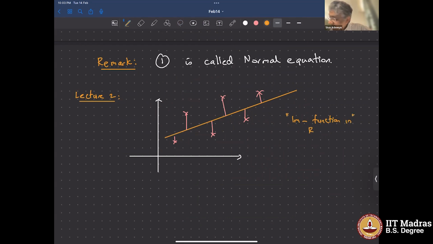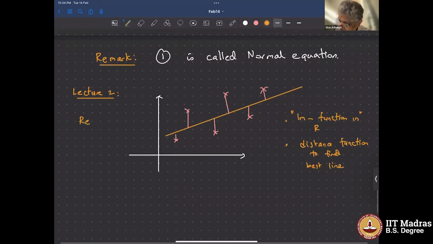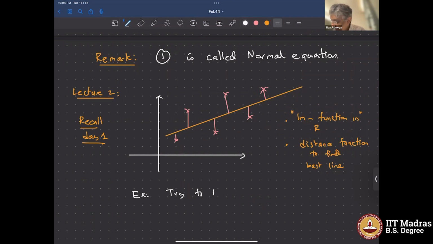I also told you how to define a distance function and find the best line. This is recall from day 1. So the exercise is to try to find a relationship for the least square estimate.